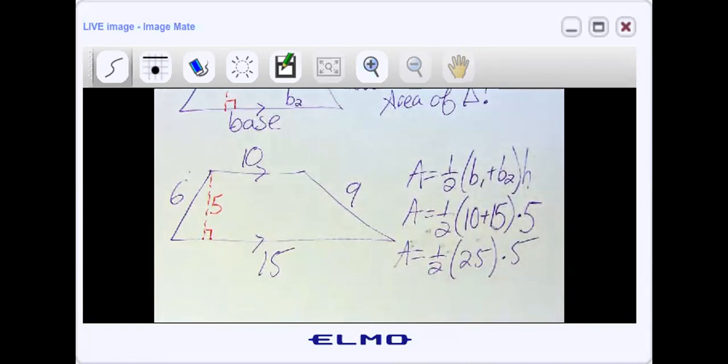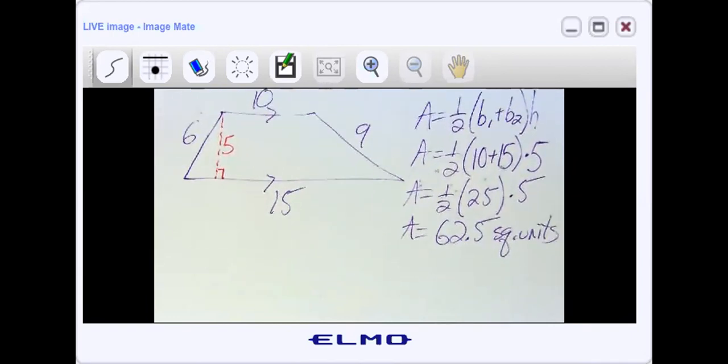So now I can just grab Mr. Calculator and ask him what I get here. 1/2 times 25 times 5 is, I get 62.5. Square units. Units squared. Whatever floats your boat. And that's it.